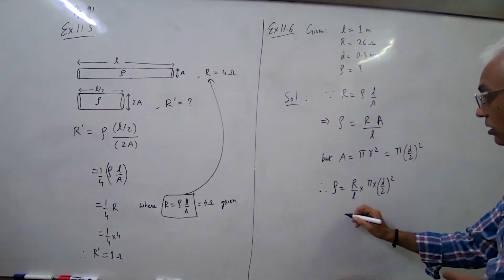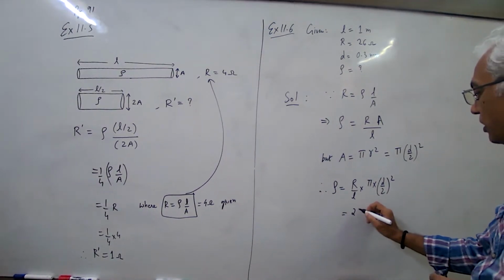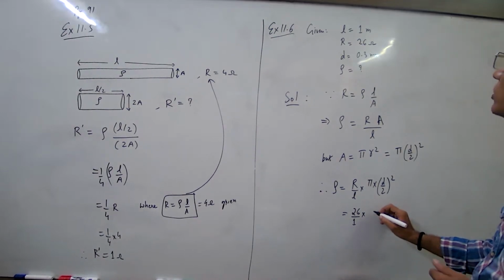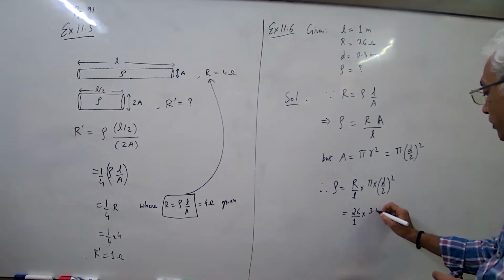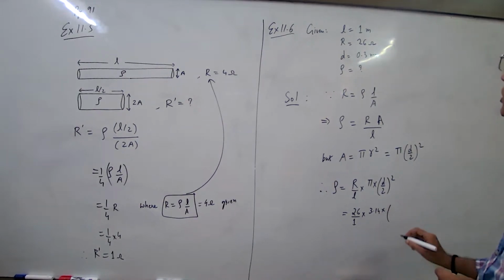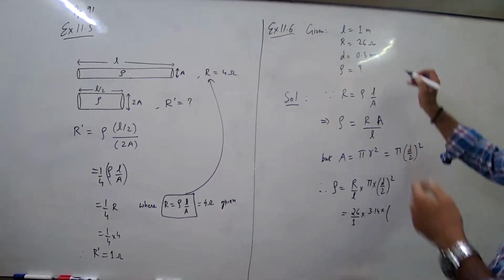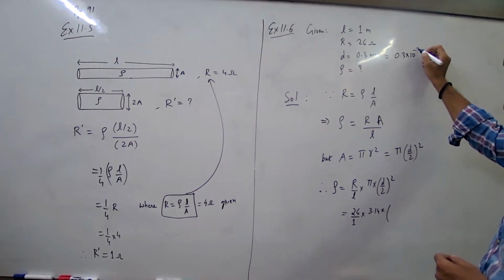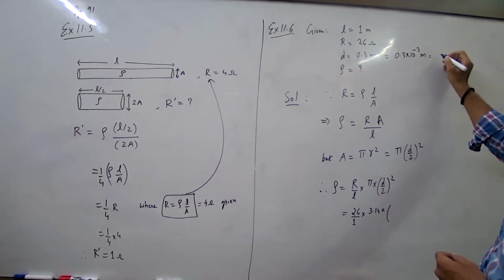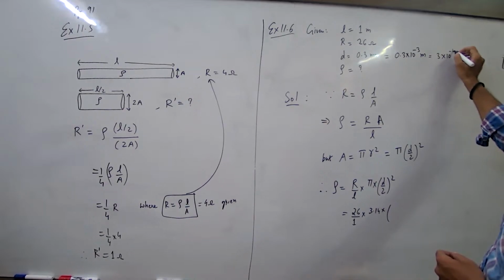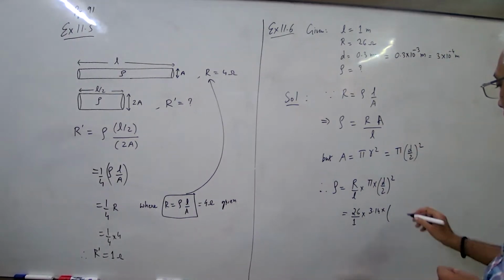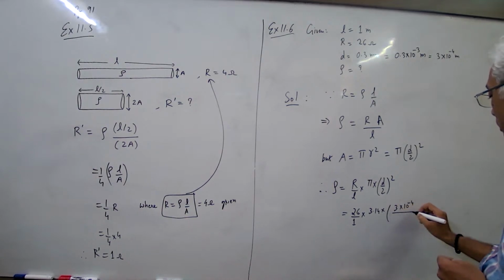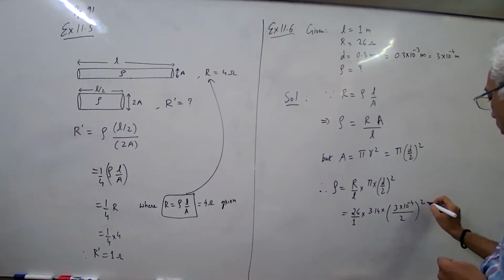So find out. So R is 26 divided by 1 into 3.14 into... How much is d? It is 0.3 into 10 raised to minus 3 meter, which is 3 into 10 raised to minus 4 meter. So this is 3 into 10 raised to minus 4 upon 2 whole square.